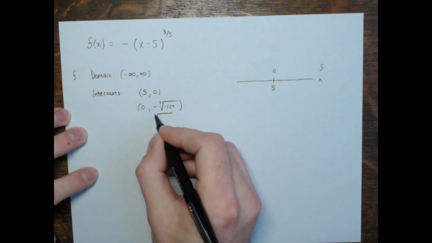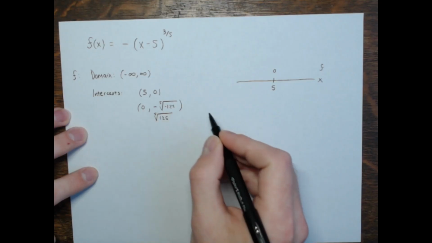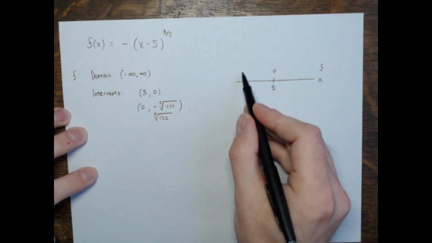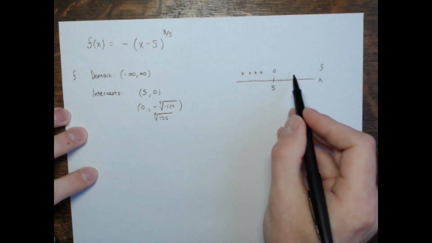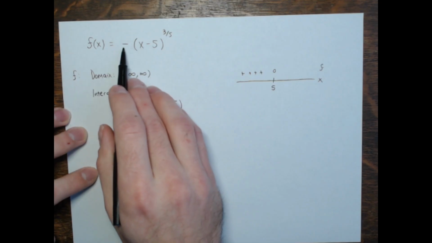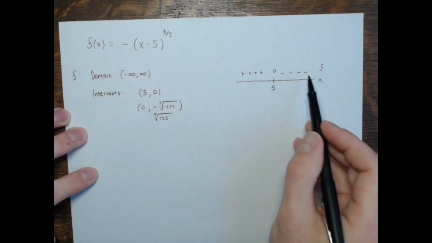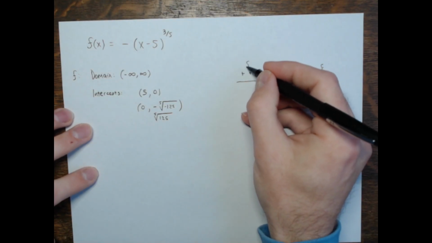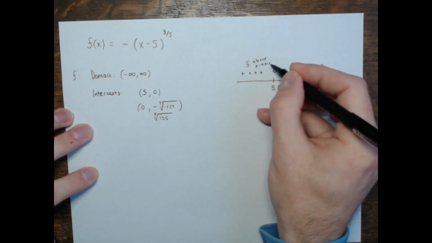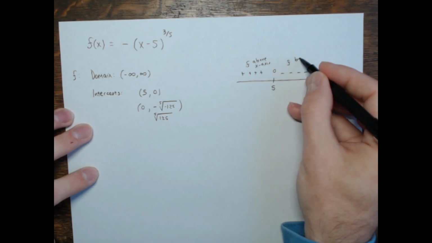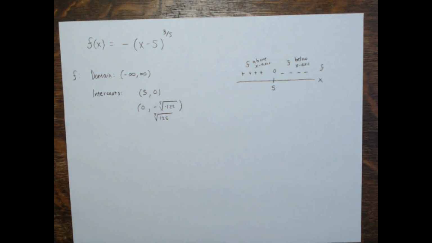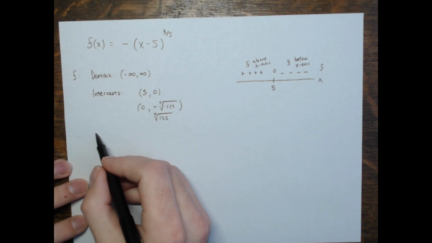That'd be the 5th root of 125, whatever that value is. But it's positive, right? So to the left of 5 here, got positive values. And then to the right of 5, that'd be a positive number to a power, so positive, but then times this -1 out here, I'd have negative values over here. So f will be above the x-axis to the left of 5, and f will be below the x-axis to the right of 5. And then your end behavior.